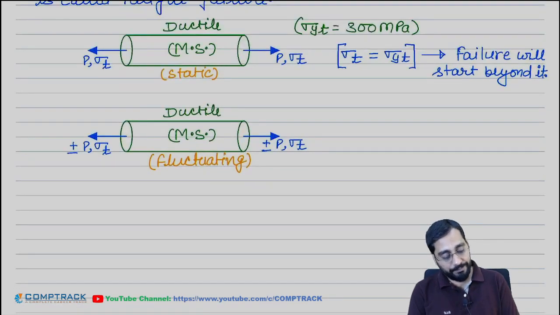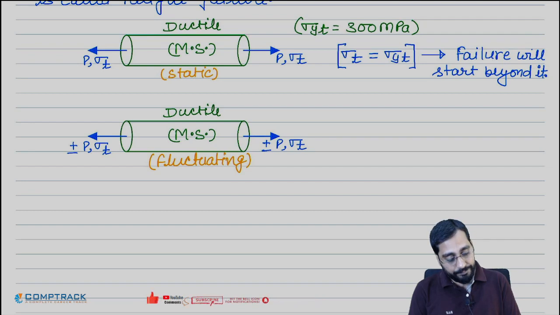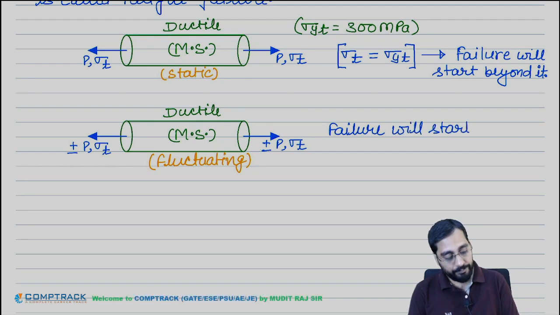In this, failure will occur at sigma t lesser than the sigma yt.